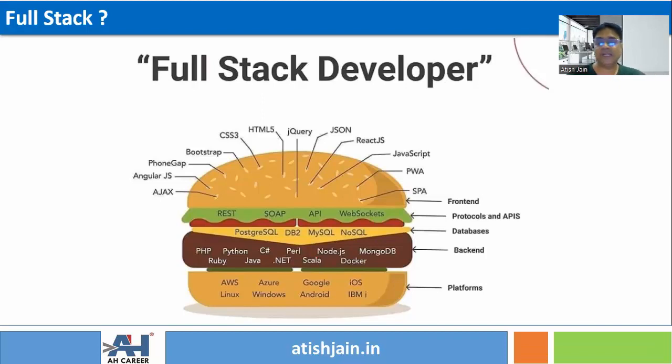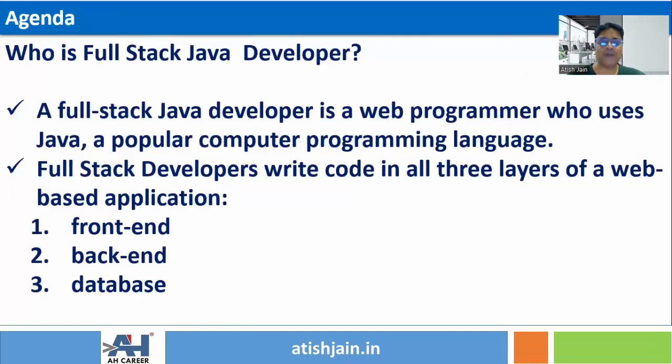No doubt that if you want to be a full stack developer, you have to learn multiple technologies. So who is a full stack developer? A full stack Java developer is a web programmer who uses Java, a computer programming language, as the main programming language for full stack web development.